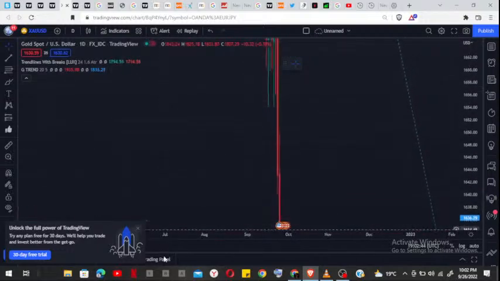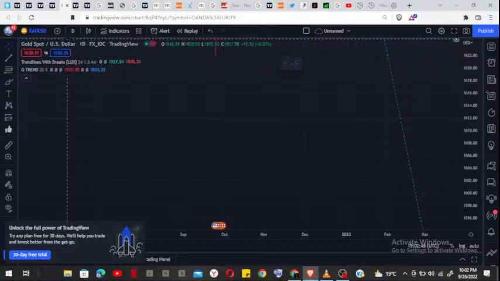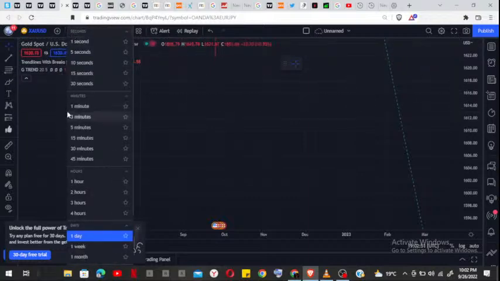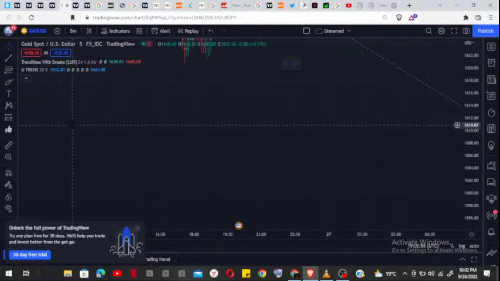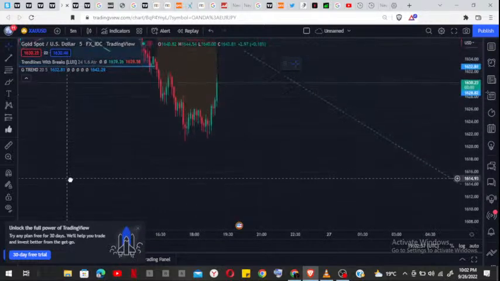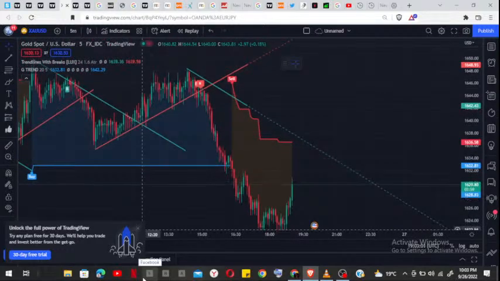This is just what's happening in 1 day. Those candlesticks are pretty long. Let me just go back to 5 minutes, so this is what we have in the 5 minutes time frame. So guys, this was just an overview of what was happening in the market at the moment.